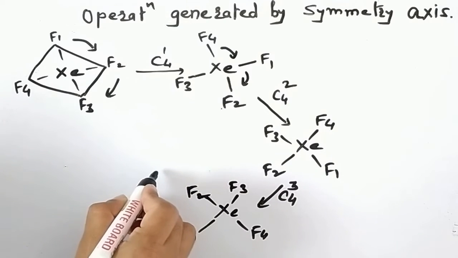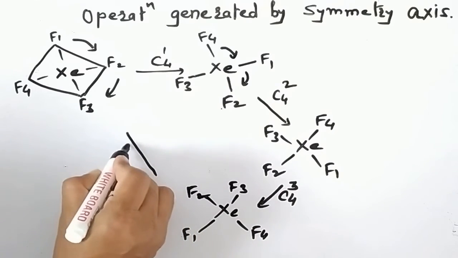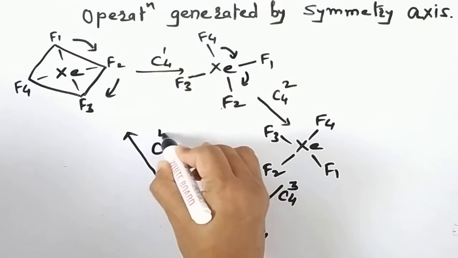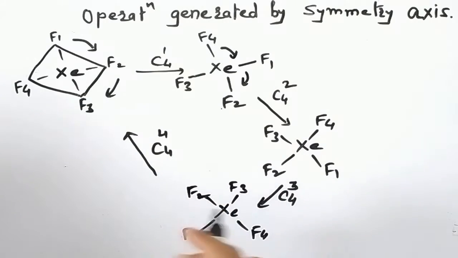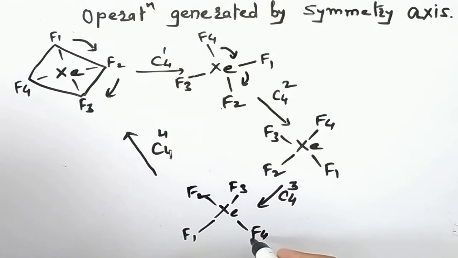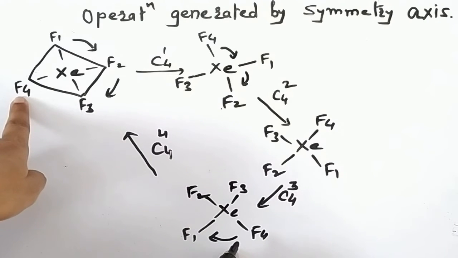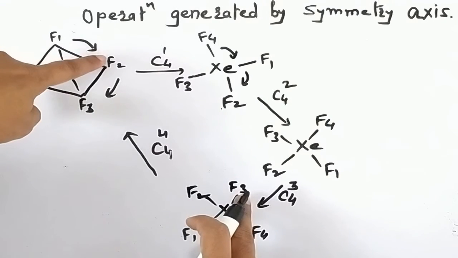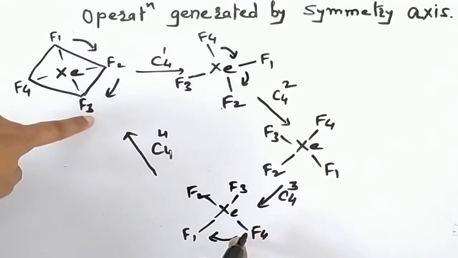Lastly, if I operate C4 four times, what will I get? Let us see. This F4 will shift to F1's place, F1 will go to F2's place, F2 will shift to the next place and so on.